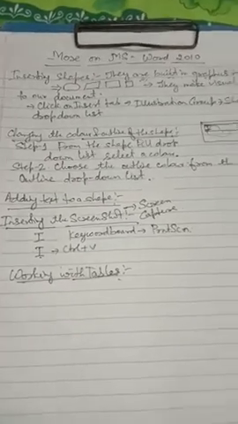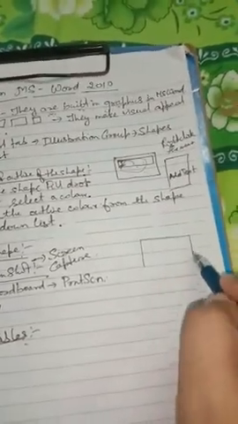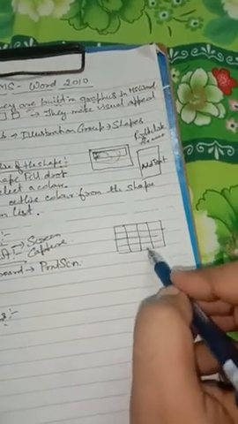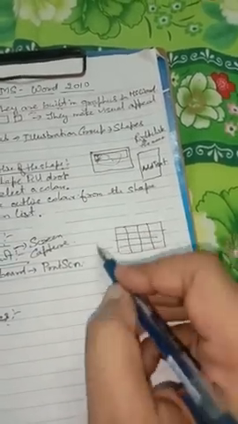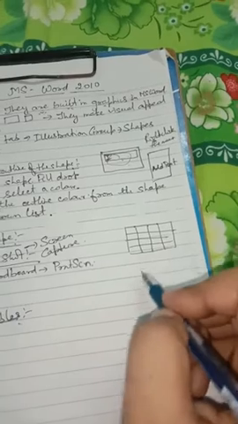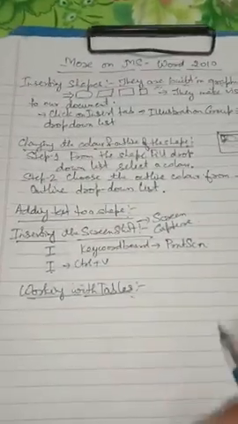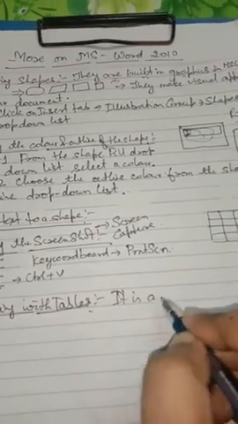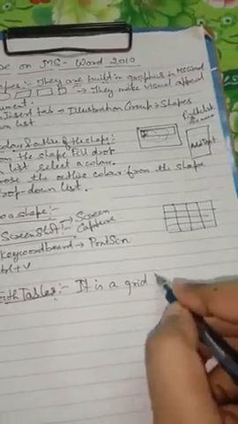We can say a table is a combination of rows and columns. So whenever we are asked to define what a table is, we can say it is a grid-like structure.